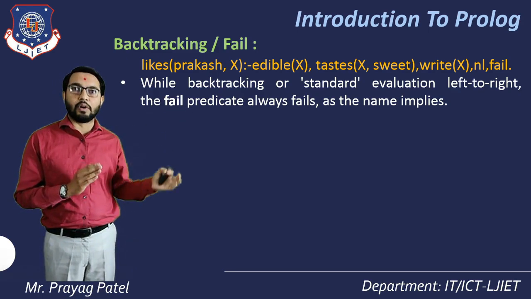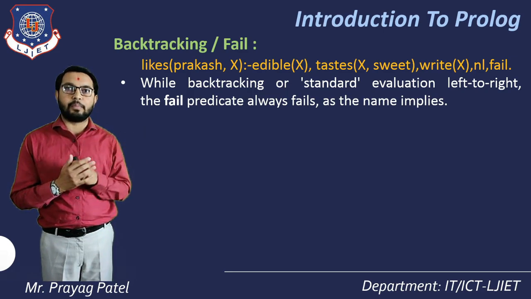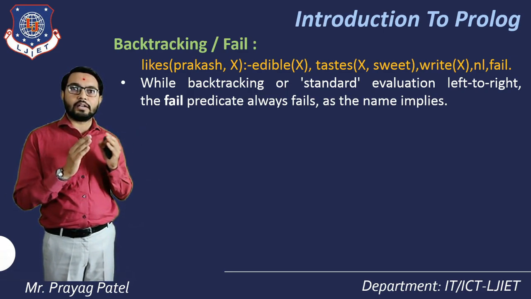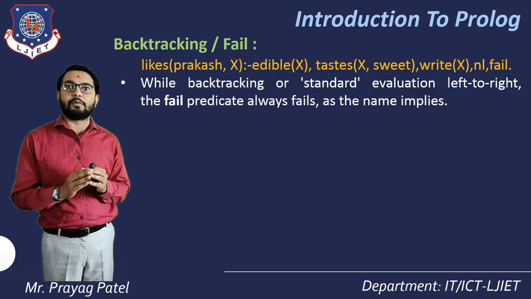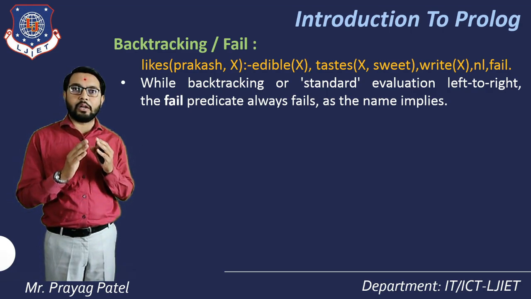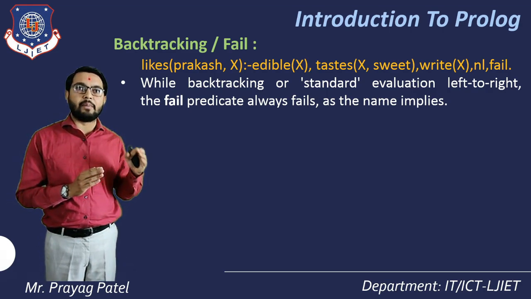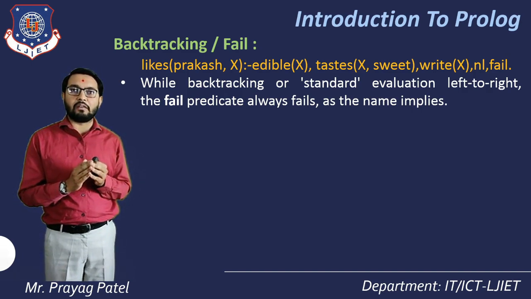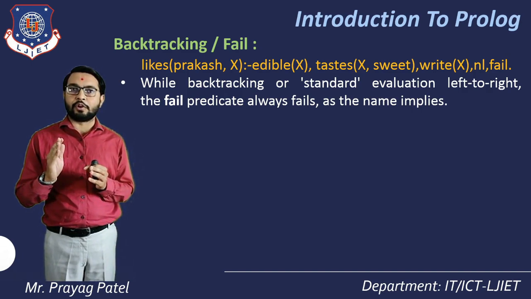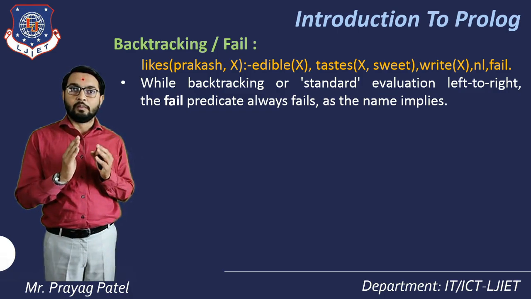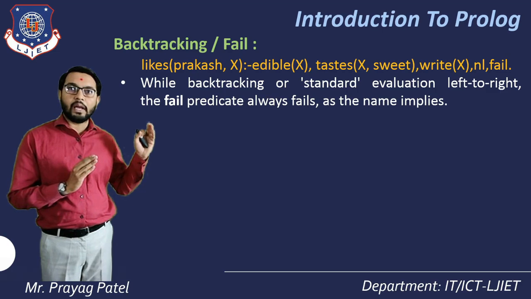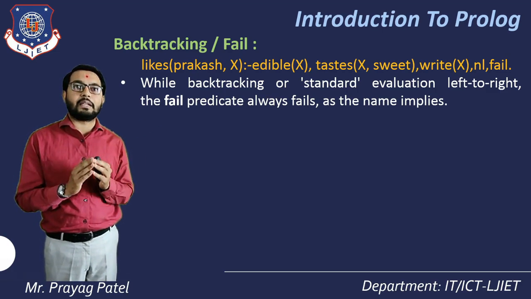Now how this works, we understand using the example. First, while backtracking or in standard evaluation from left to right, the fail predicate always fails, as the name implies. This means in any statement evaluation we perform the operation from left to right, and the fail predicate always fails.